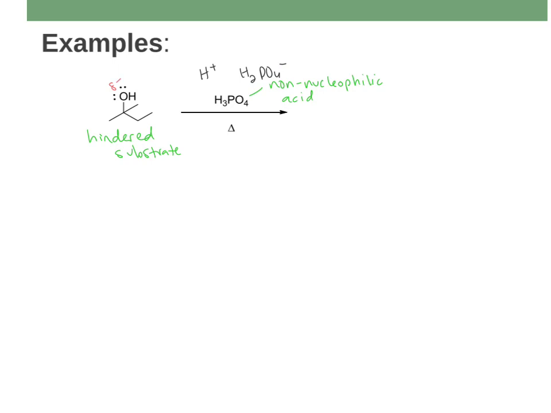I've got partial charges here, negative on the O, positive on the H, positive on the carbon. And since I've said that this is a non-nucleophilic acid, right, I know that my H2PO4 minus is not going to be a nucleophile at all. It's not going to participate at all. It's non-nucleophilic. It's too stable. Those electrons are too delocalized. And I also said, right, that the first step for all of these is the same. You're always going to protonate your alcohol.